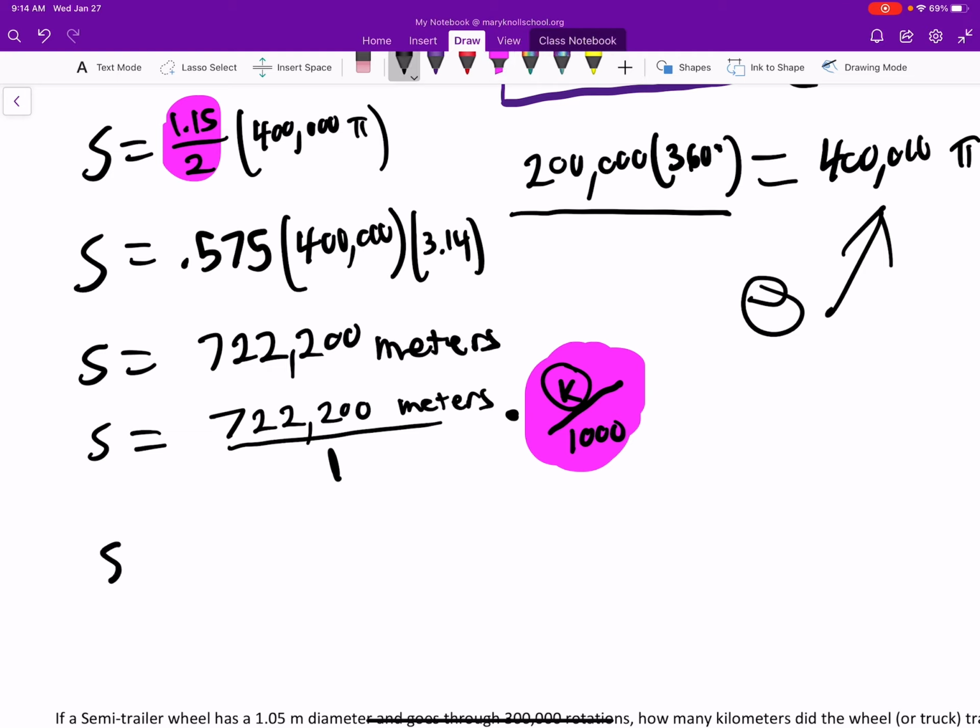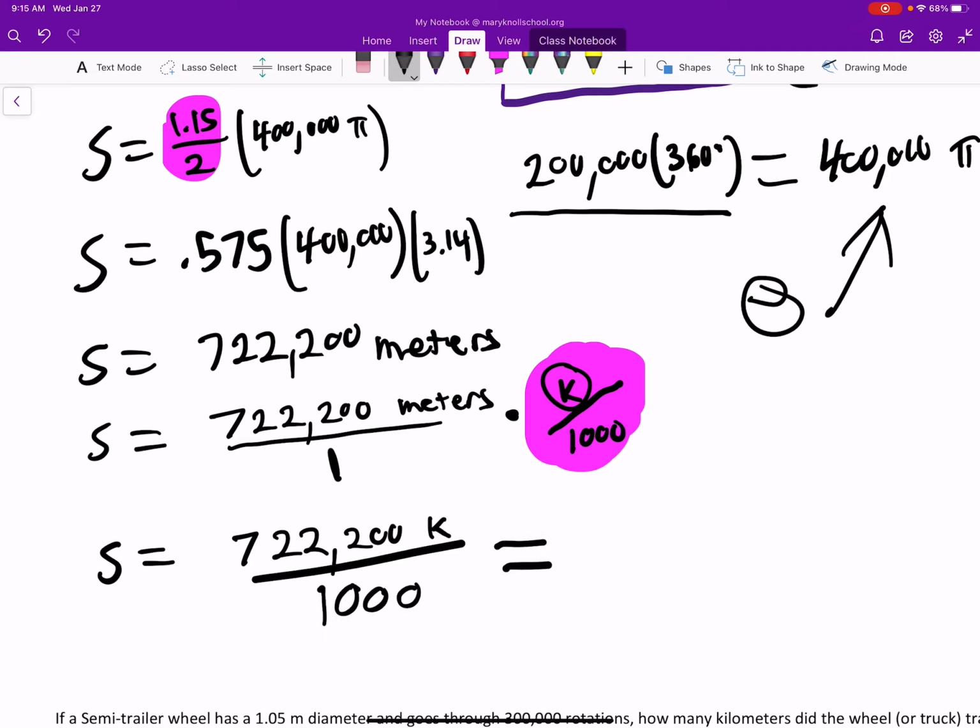So S equals 722,200 K, that's a K, divided by 1,000. And then we end up with 722.2 K, or kilometers. Remember there's a meters here.